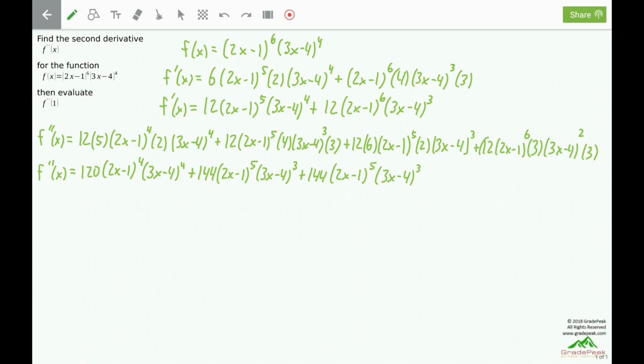And then the last term we have a 12, a 3, and a 3. 3 times 3 is 9, times the 12 is 108. And we have a (2x minus 1) to the 6th and a (3x minus 4) squared.